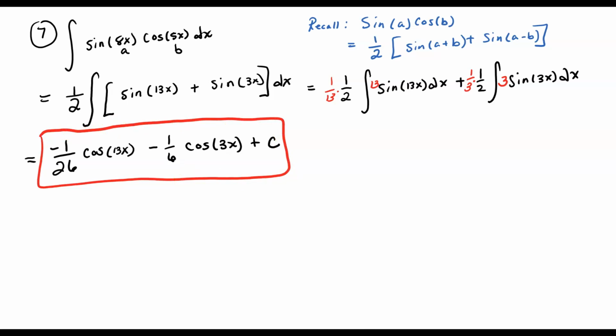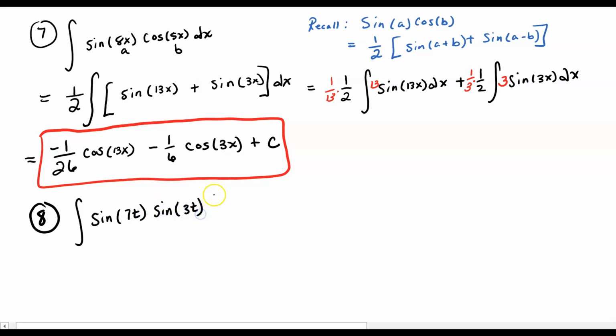And let's go ahead and take a look at another example. We're going to call this one number 8. All right, and this one is very similar. We're going to use another product to sum formula. So let's see what it looks like. So we've got sine of 7t times the sine of 3t dt.